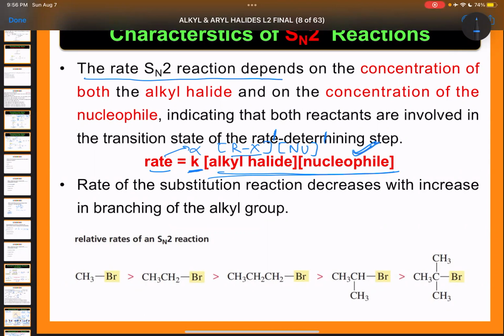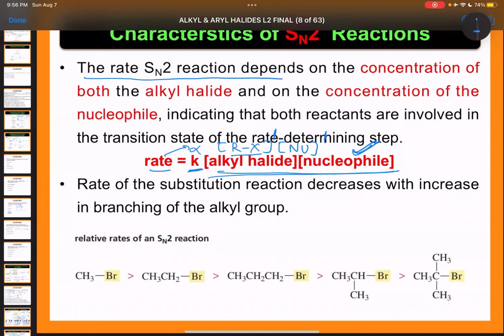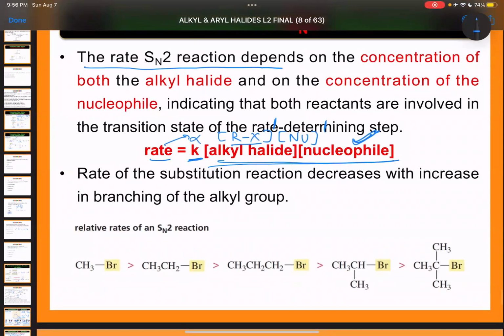Because if you have double the concentration of nucleophile, suppose instead of 1 molar you take 2 molar, the nucleophile molecules move randomly in the reaction, and because you have increased the number, there will definitely be more collisions. The number of collisions will be double what was happening with 1 mole per liter. Now it is 2 mole per liter, so the number of collisions has doubled.